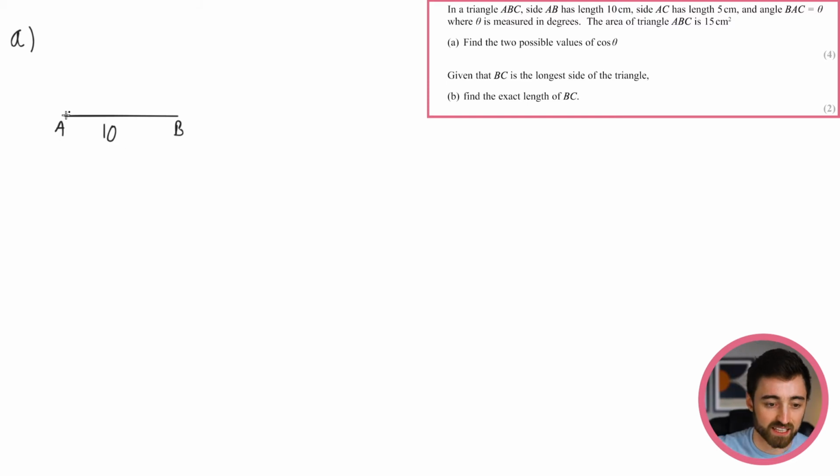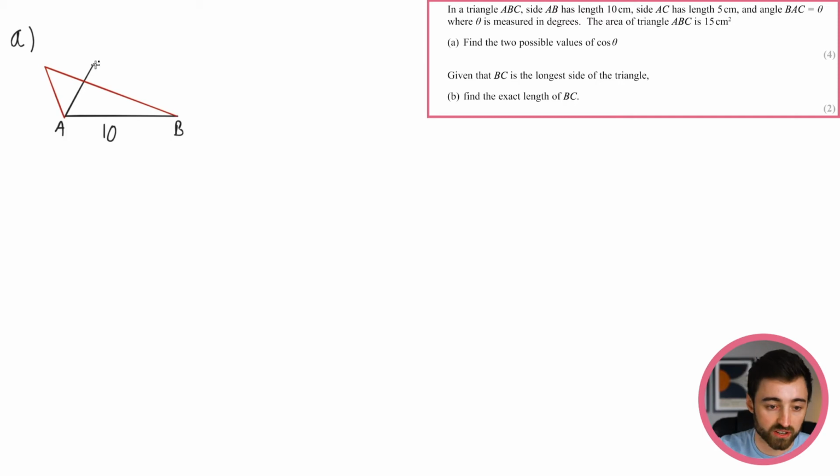So AC could look like that, because it's got a length of 5, but it could also look like that. They both satisfy AC being of length 5. So this would give two possible configurations of this triangle, wouldn't it? It would give this. That's completely legal, given all of the information that we've just been given.